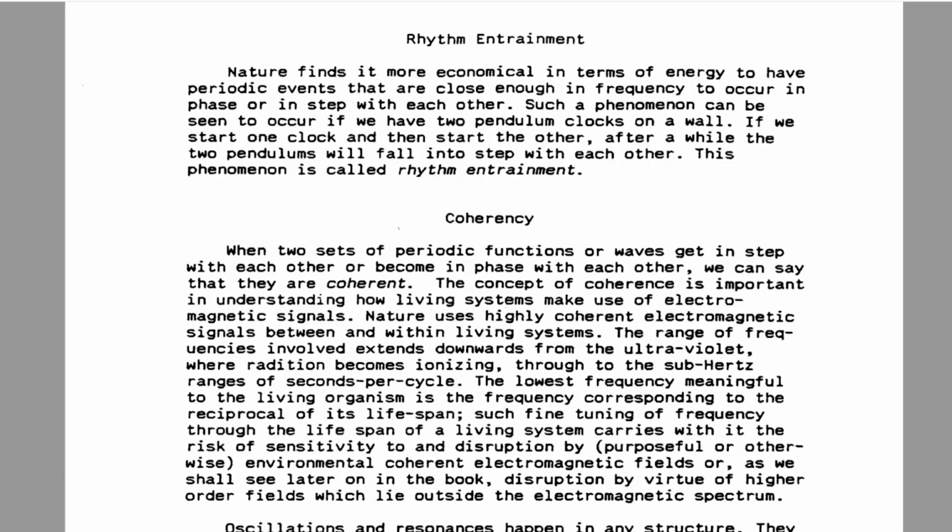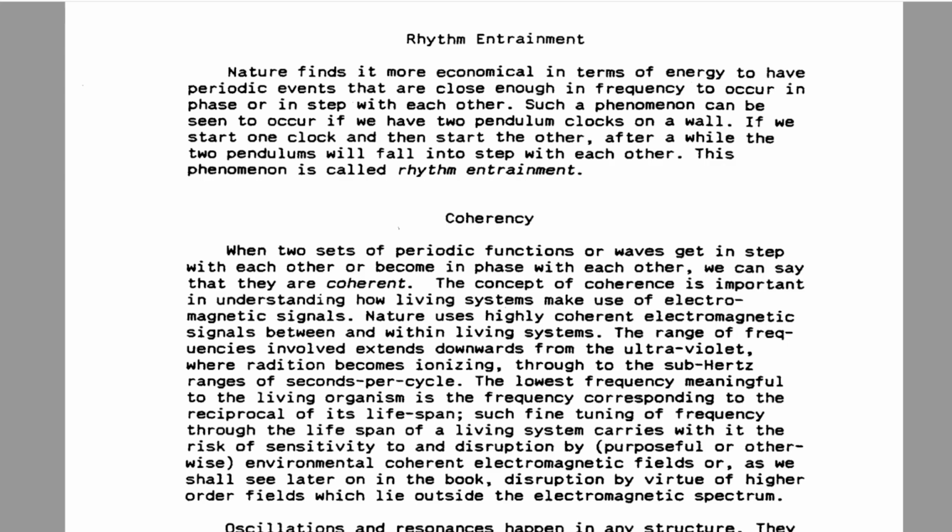Coherency. When two sets of periodic functions or waves get in step with each other or become in phase with each other, we can say that they are coherent. The concept of coherence is important in understanding how living systems make use of electromagnetic signals. Nature uses highly coherent electromagnetic signals between and within living systems.